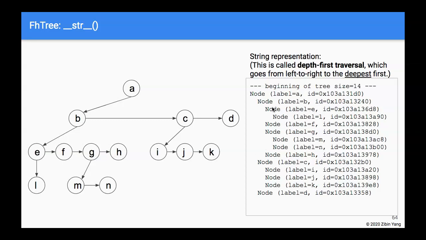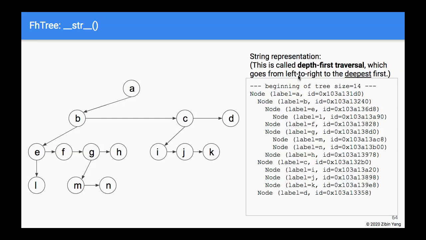So there'll be E, and then F, G, and H. They are all another level of indentation in under node B, and same thing for node C, that has children I, J, K. They are one level indented further inside C, and then you can apply the same rule to the rest of the nodes.